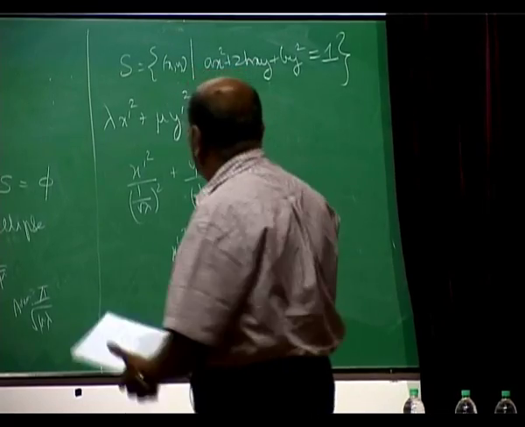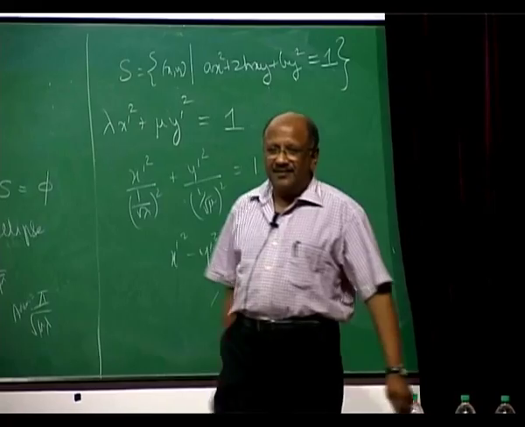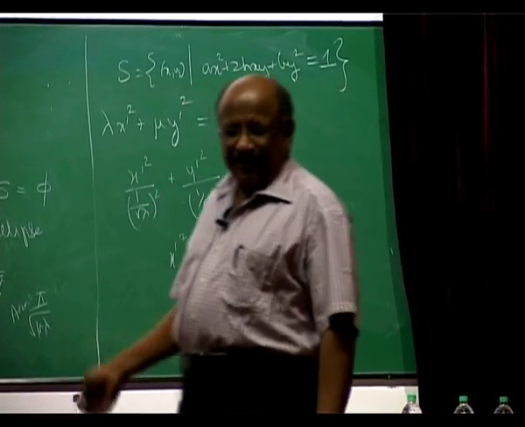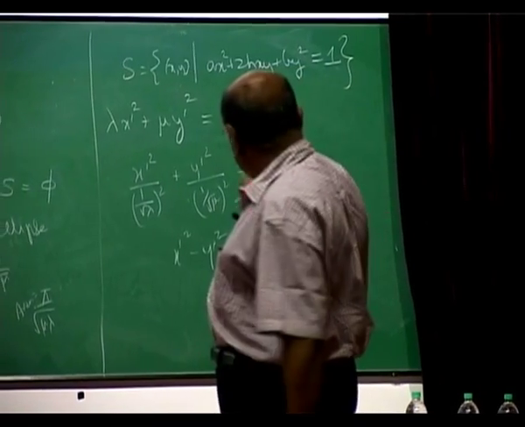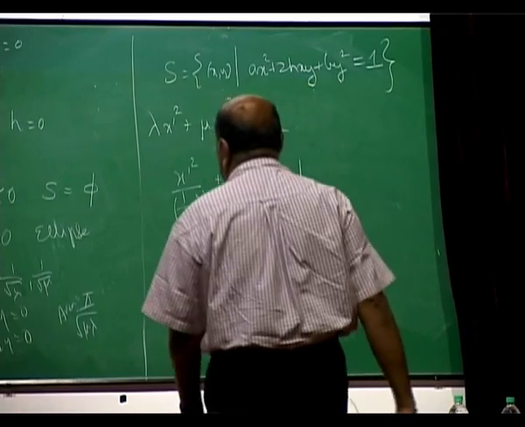Lambda gets 1 over lambda, you know. Take the positive one. Oh, sorry. Oh, that was your problem. Excuse me. Let's say lambda positive, okay.